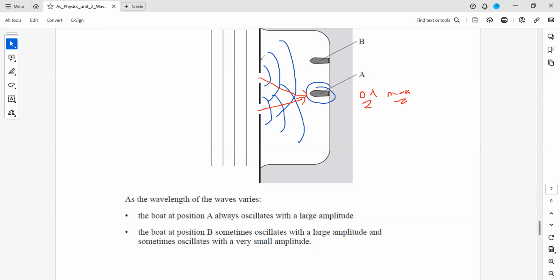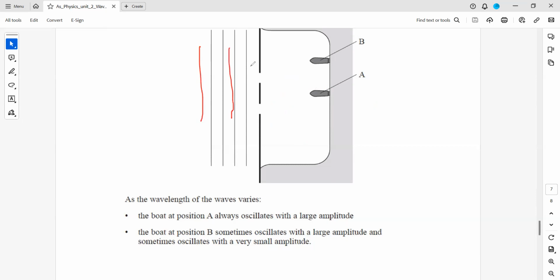What is the reason? Because the wavelength changes. As you know, for narrow gaps, if the wavelength is approximately equal to the gap size, then only will we have maximum diffraction.